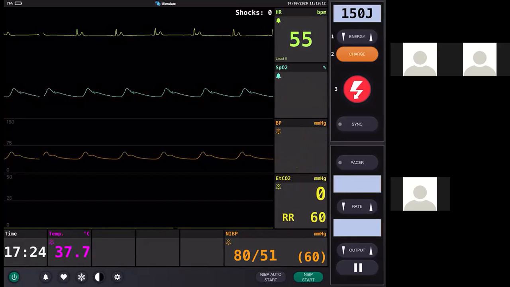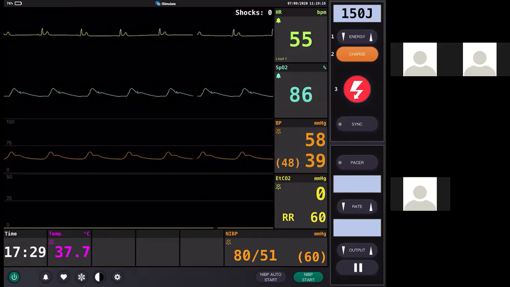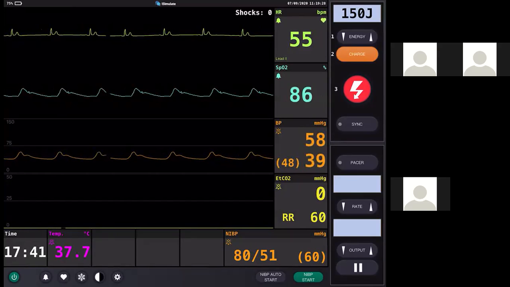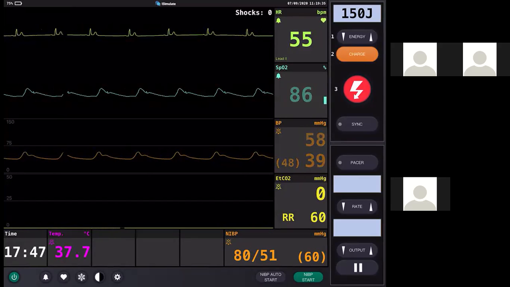At this point in time, when you have symptomatic bradycardia, defined as bradycardia accompanied by low cardiac output, in this case the patient's blood pressure has dropped, his oxygen saturation has dropped. So what needs to be done, you give him oxygen, and then you start CPR.